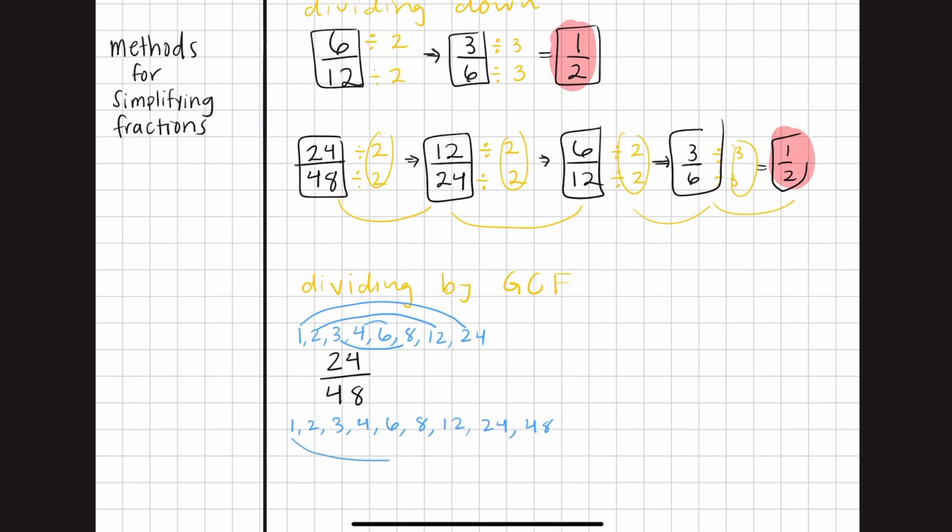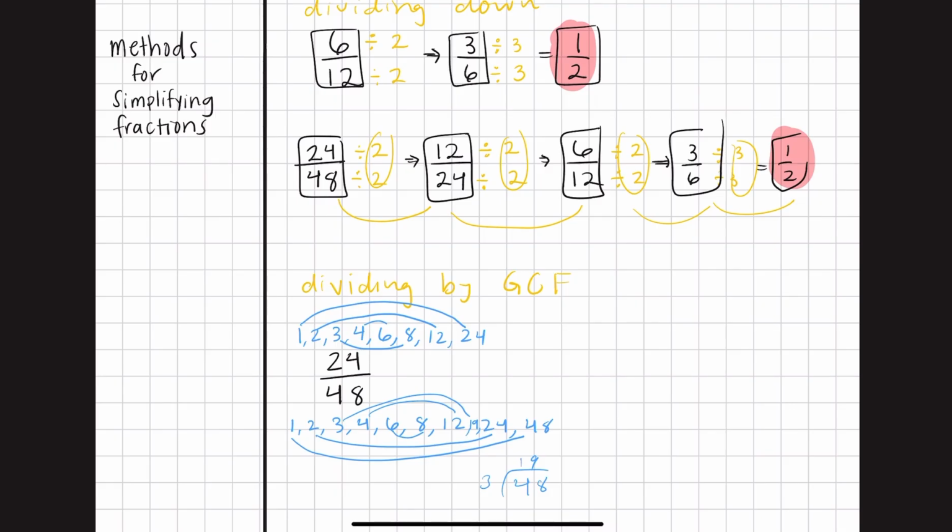And once again, 1 times 48, 2 times 24, 3 times 16, 4 times 12, 6 times 8. 48 divided by 3 is 16, so 16 would also fit here. So those are all the factors of 48.